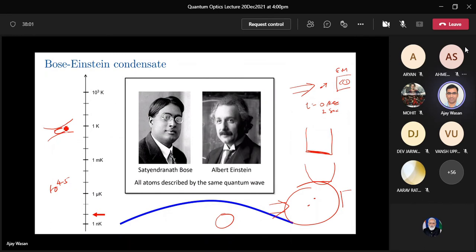The moment you switch off the laser beam, the atoms start falling due to gravitational force, and their area starts increasing. Whatever was here and whatever is here, there is a separation difference. From there we estimate how much the dimension has changed, and from there we get the temperature.